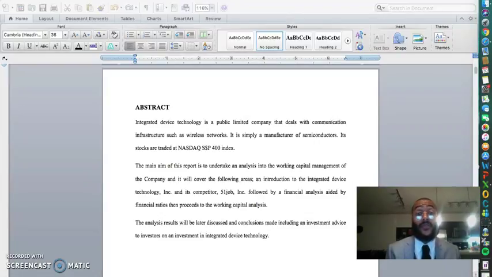The main aim of this report is to undertake an analysis into the working capital management of the company. The analysis results will be later discussed, and made including investment advice to investors on investments in Integrated Device Technology.